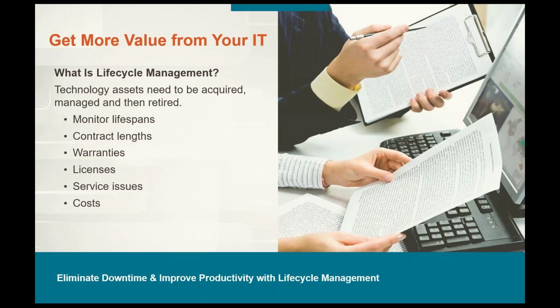And by regularly tracking your technology assets' lifespans, contract lengths, warranties, licenses, service issues, and costs, you can avoid downtime and unnecessary expenses as equipment reaches the end of its useful life. Not to mention, you have a much better idea of how much to budget for future technology acquisitions and keeping your business productive.